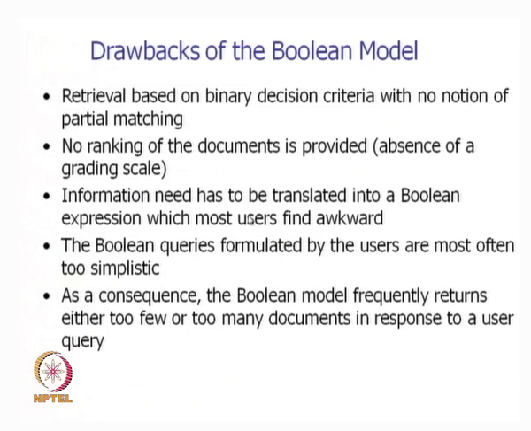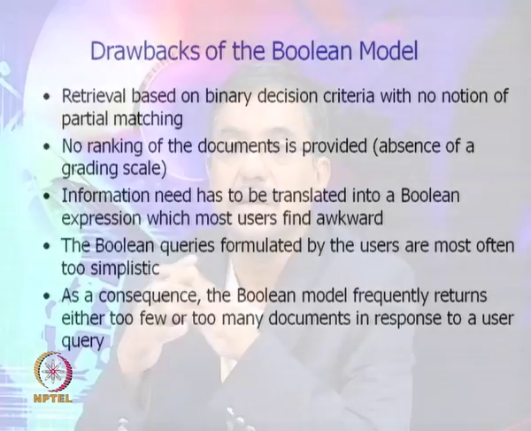So, one can immediately see that in the Boolean model of information retrieval, there is an artificiality. What the system is doing is simply matching the keyword presence or absence in the query with the keyword presence or absence in the document. Now, the users have information need.